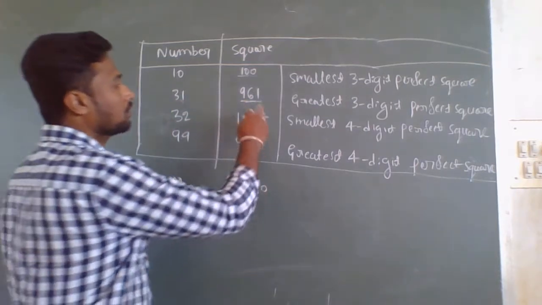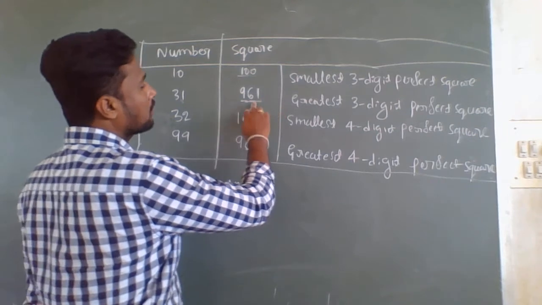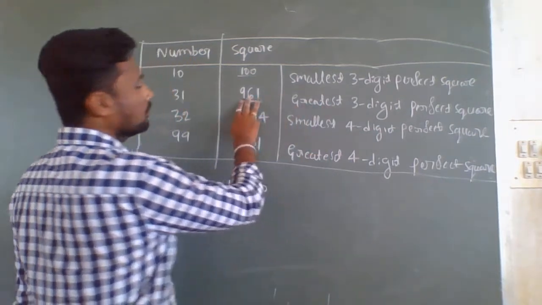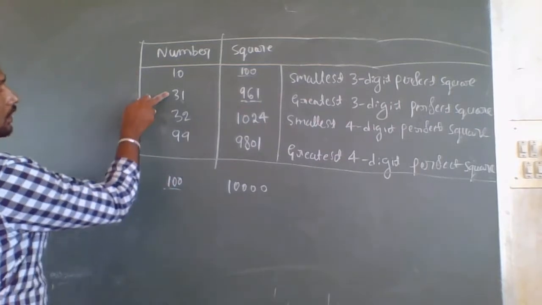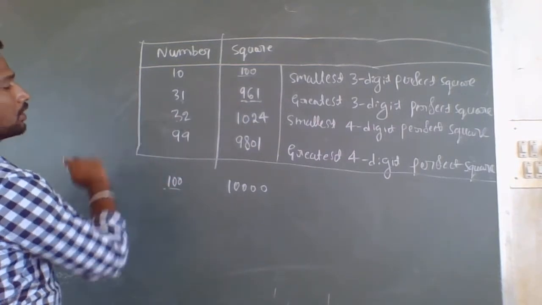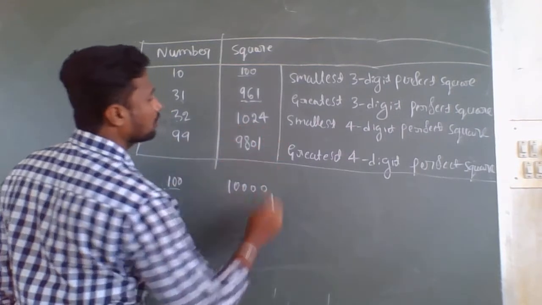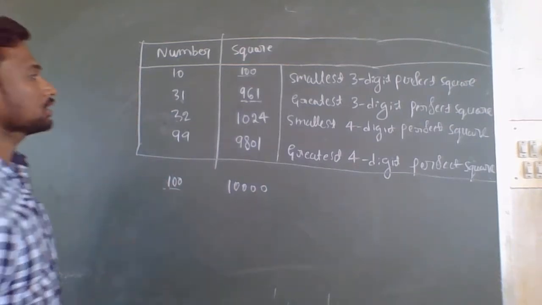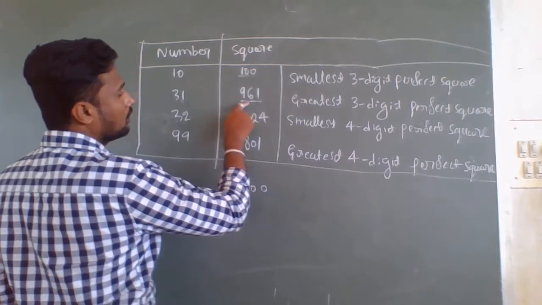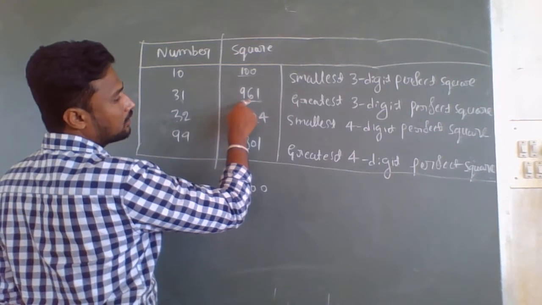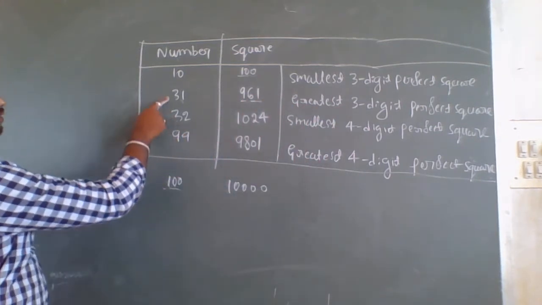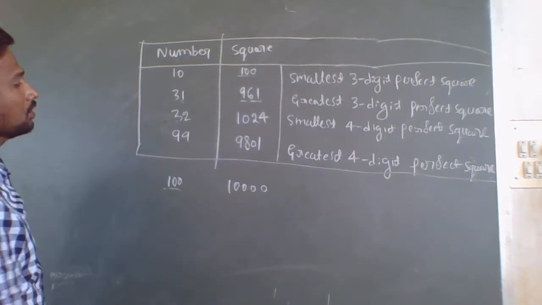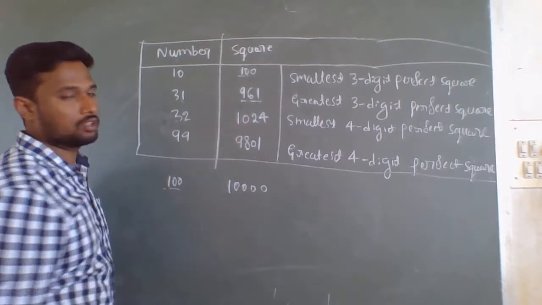So here you can say that 961 is the greatest 3 digit perfect square number, because the next number is 32. When you check with 32, what you will get? 1024, where it contains 4 digits. So this is the greatest 3 digit perfect square number. And after 31 we have 32. Square value of 32 is 1024.